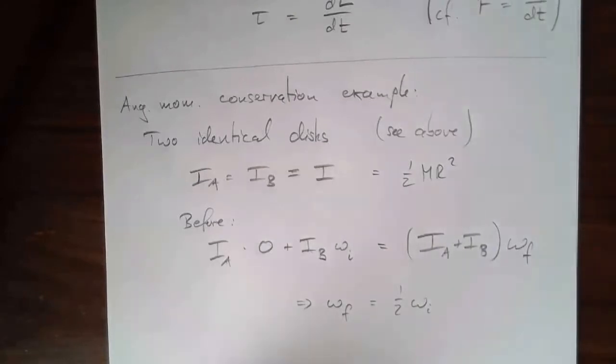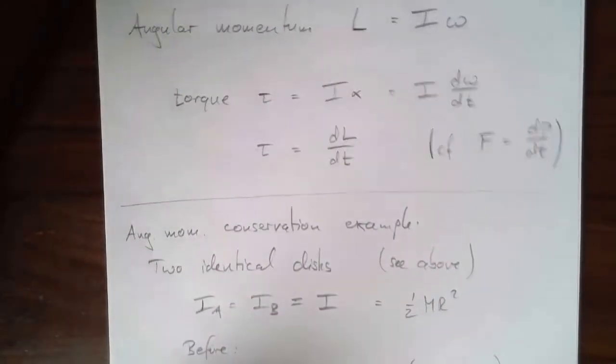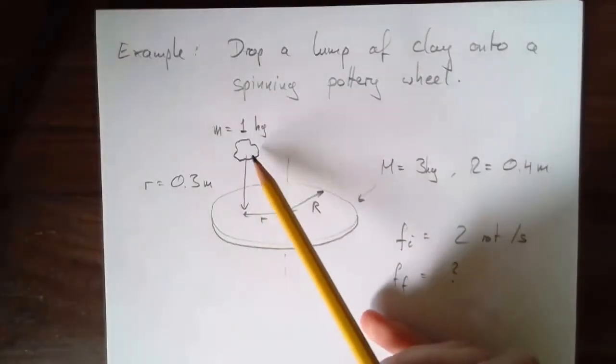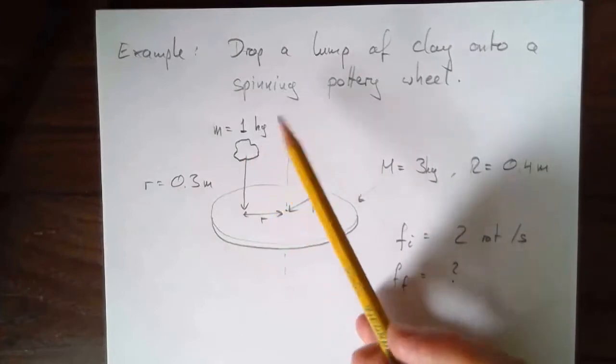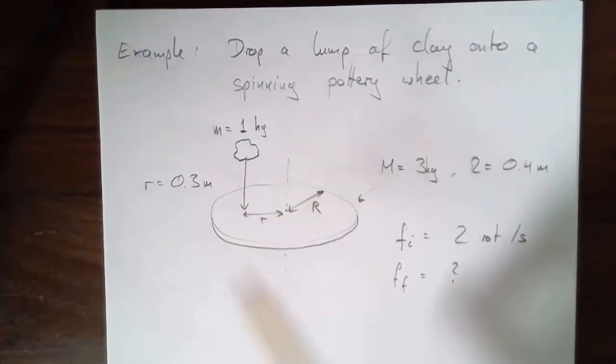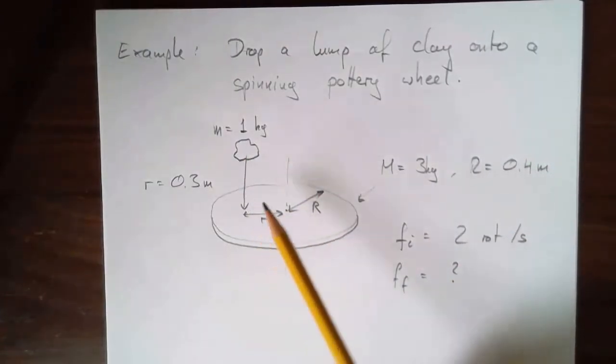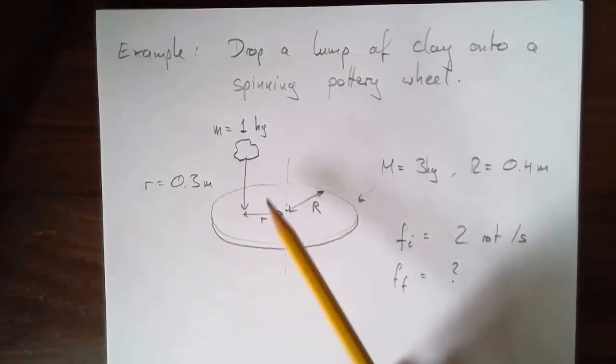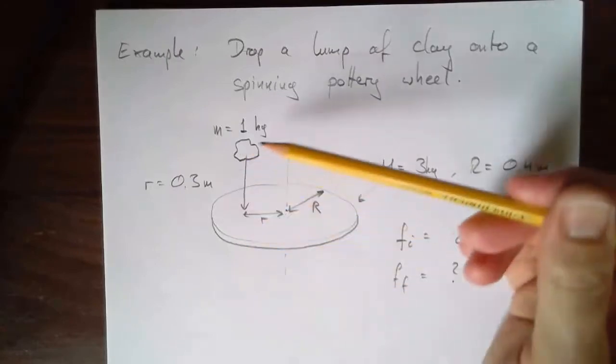Let's do another example that's ever so slightly more interesting. So here it is. The example is the following. I imagine a blob of clay that I'm going to put on my spinning pottery wheel. Maybe not being very careful here, so I didn't drop it in the middle, and I didn't put it down before I started spinning.